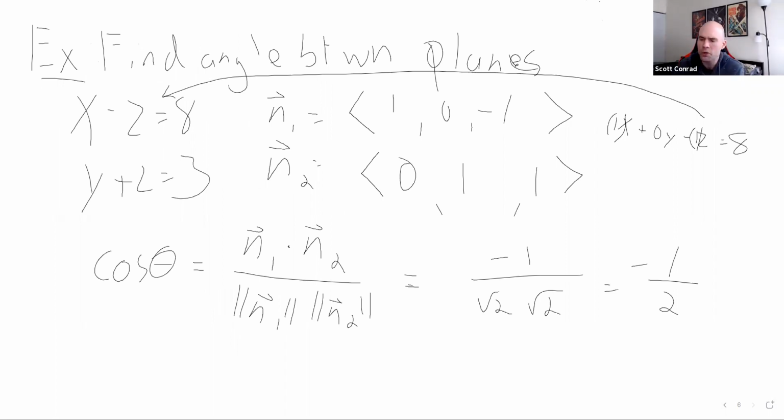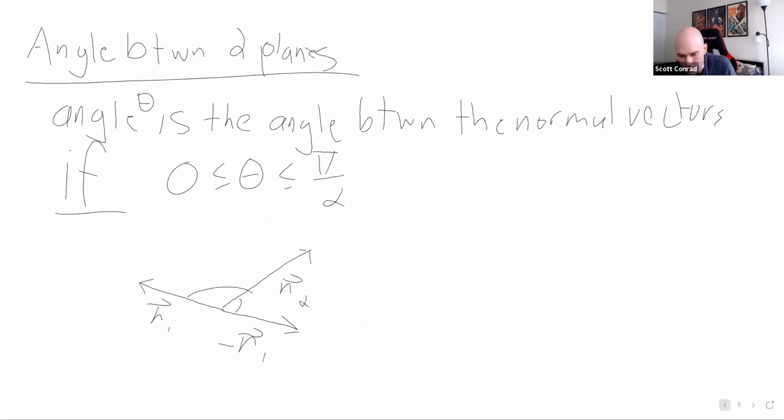So in fact, when you want to find the angle between planes, really just take the absolute value of the dot product. And the reason for that is what we talked about here, right? If the angle between N1 and N2 is obtuse, then instead of considering N1, you consider negative N1, right?